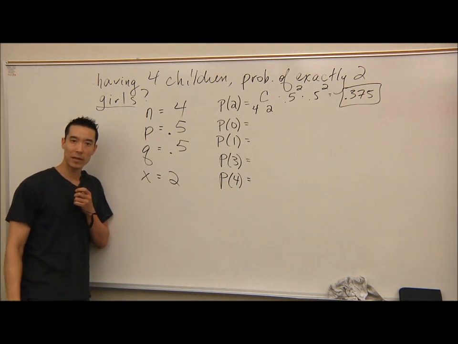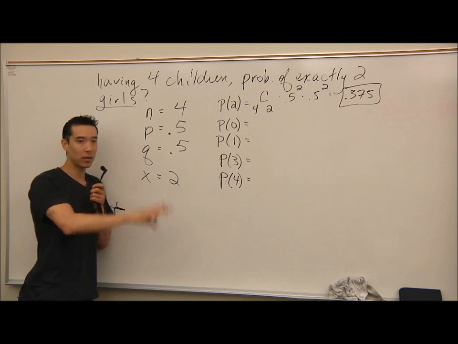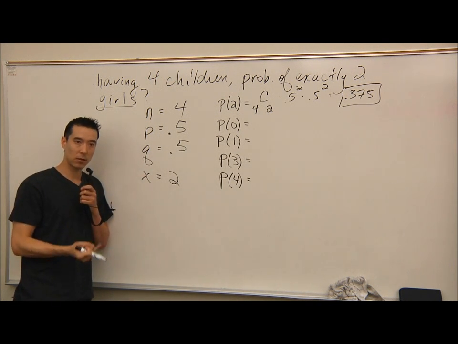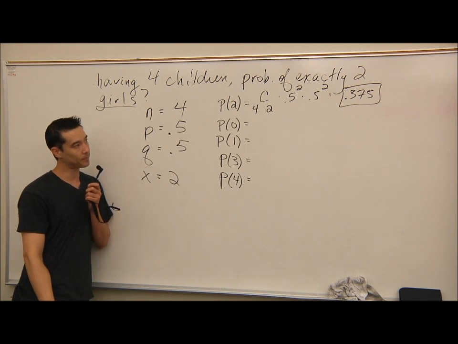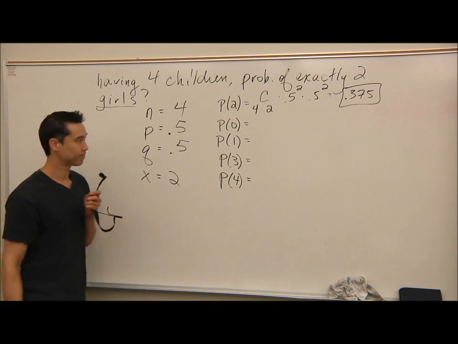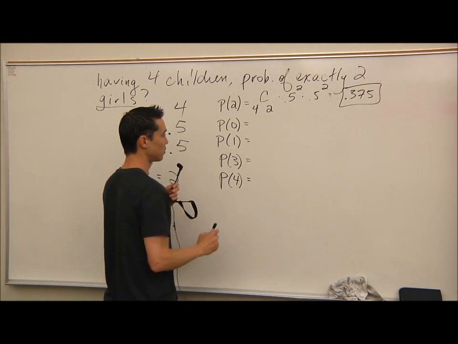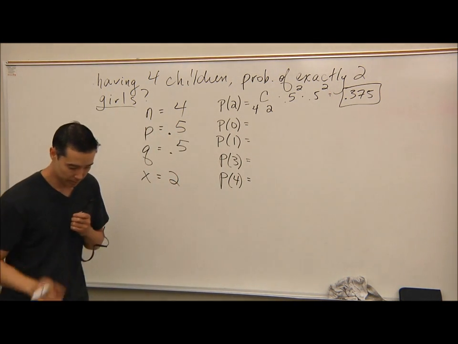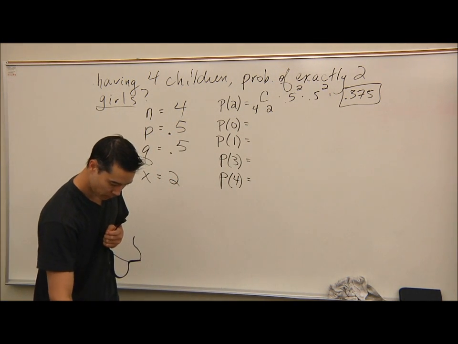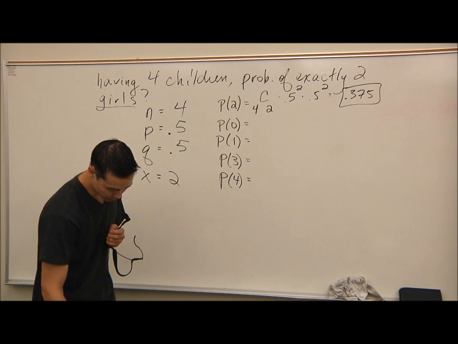Okay? So go ahead and spend a few minutes, and I want you to calculate all of these probabilities: exactly 0 girls, exactly 1, exactly 2, exactly 3, exactly 4. Calculate those and tell me what you get. And I'll put my answers up too, and you guys check with mine.